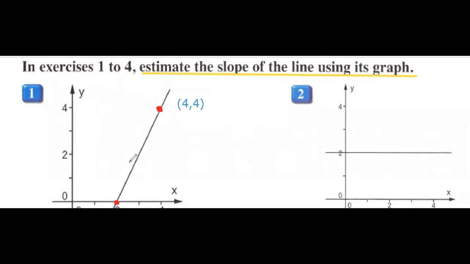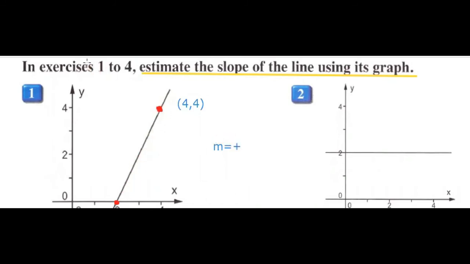The slope of this is positive, isn't it? So slope is positive. We can say slope is equal to positive sign because this goes from right to left, okay? From right to left, we are drawing by our right hand, so this is positive.